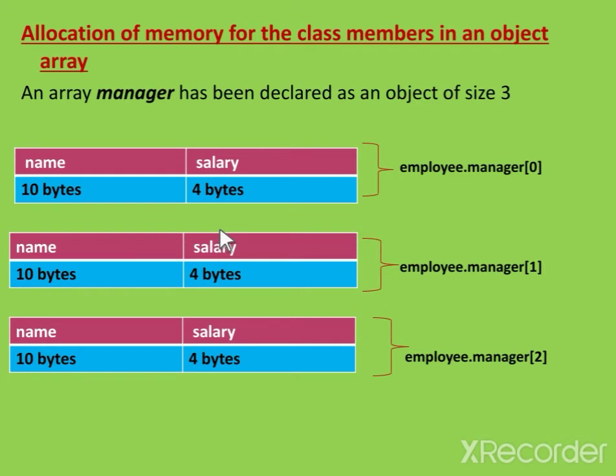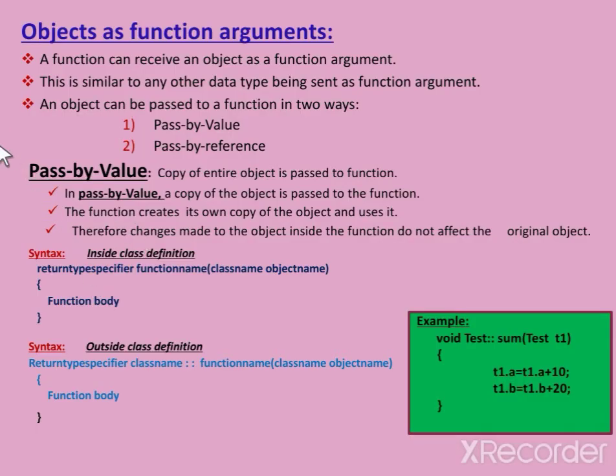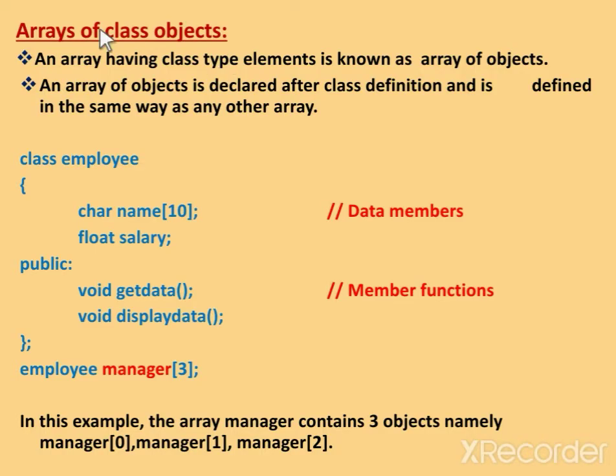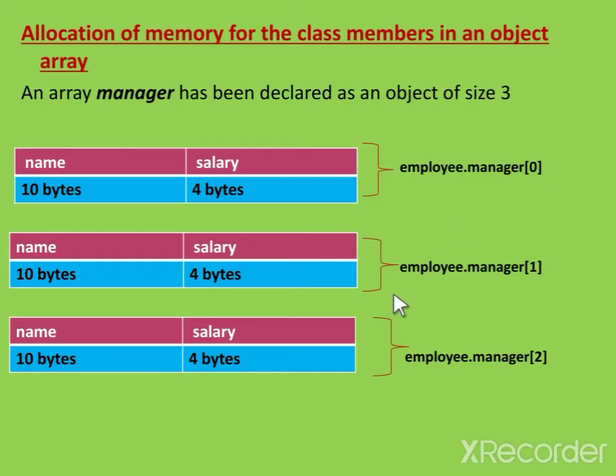In the char data type, 1 byte of memory is allocated for each variable, and in the float data type, 4 bytes of memory are allocated. Name is declared with char and salary is declared with float, so the salary data member holds 4 bytes.